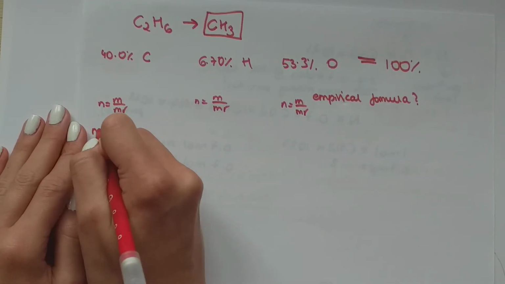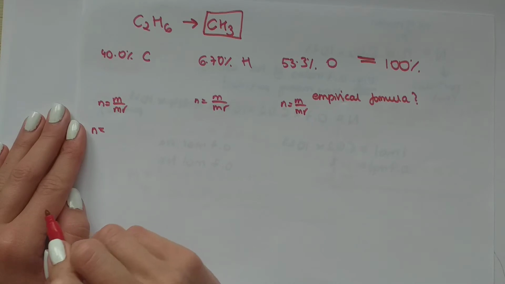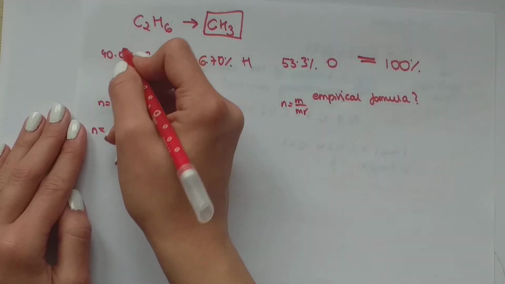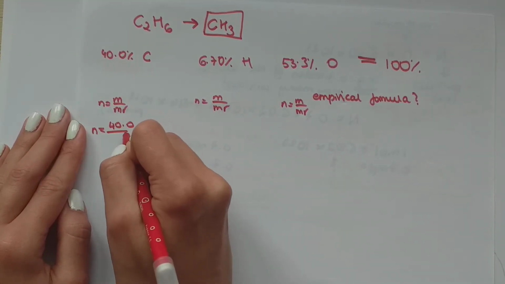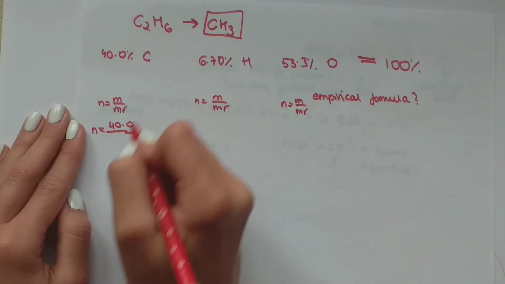So in order to do this, we need to find moles of each of them first in a compound. So instead of mass, we use the percentage, and the Mr is just the atomic mass of the element that we're using.